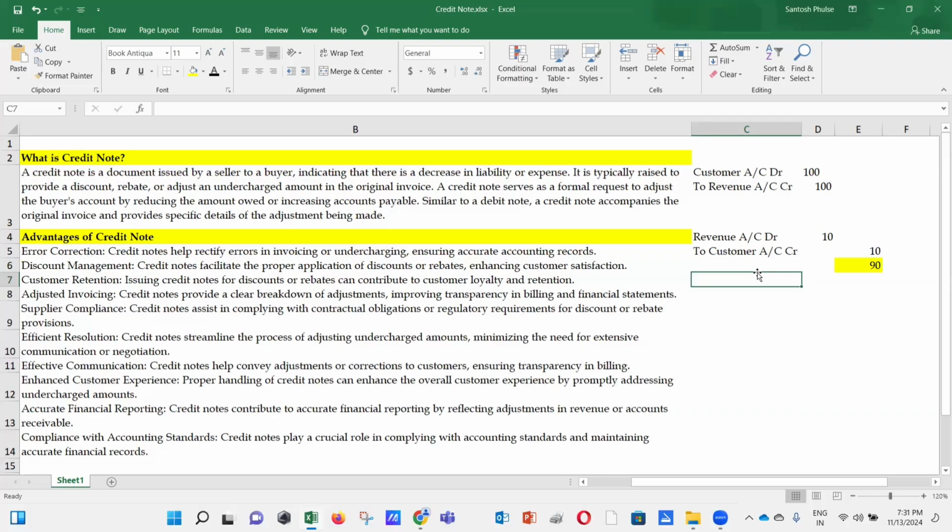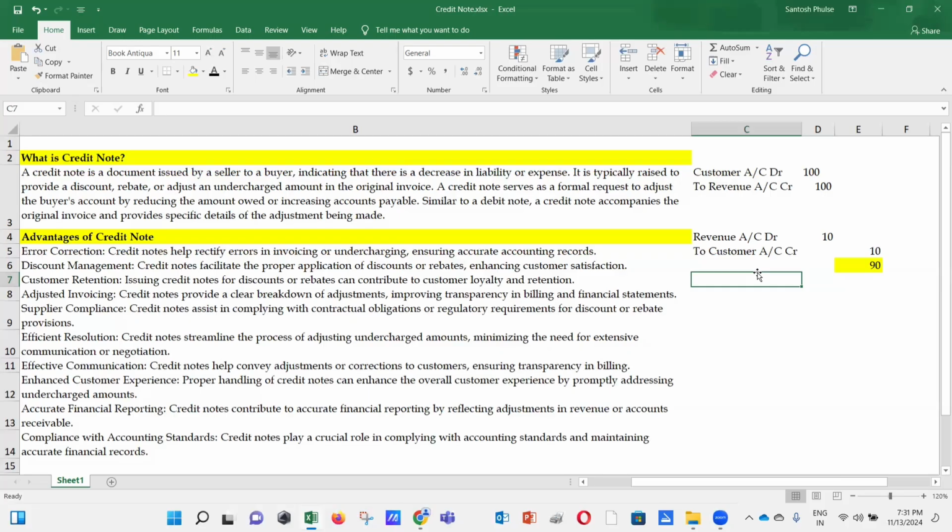If our customer places multiple orders and that value is more than 1,000 rupees, then we give him a credit note for 100 rupees.